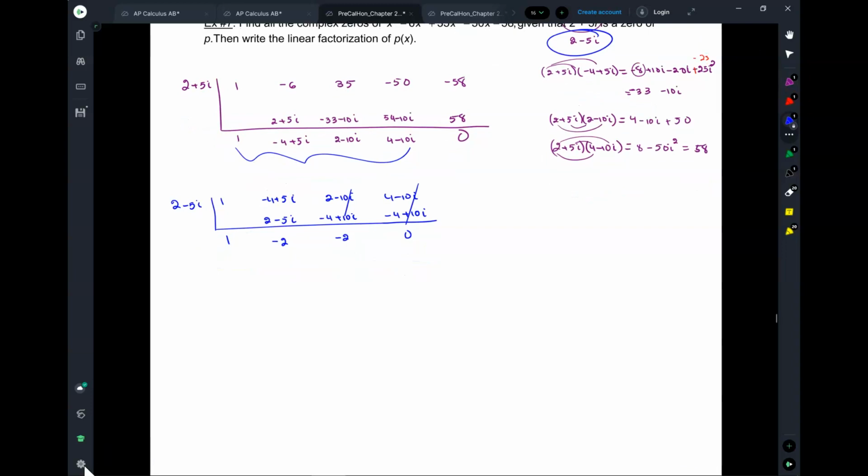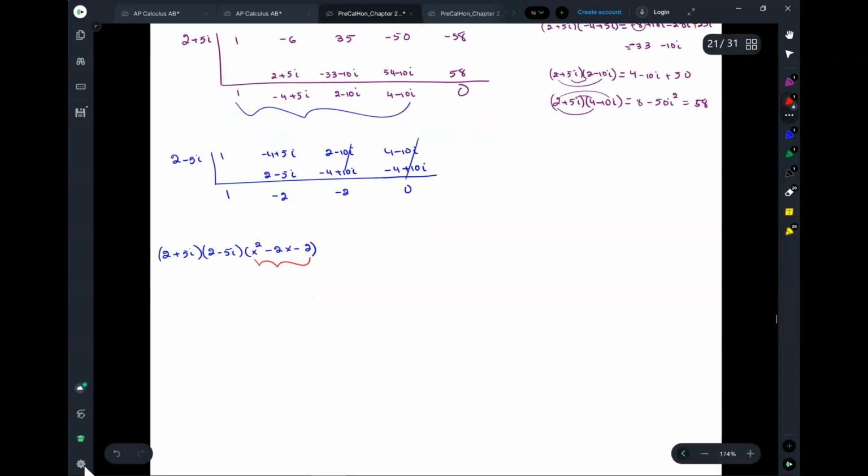Now, what is this function reduced to right now? I have 2 plus 5i, 2 minus 5i, and then x squared minus 2x minus 2. Now I need to factor this guy. Except, wouldn't you know it? That can't be factored. Plot twist, I have to do the quadratic formula.